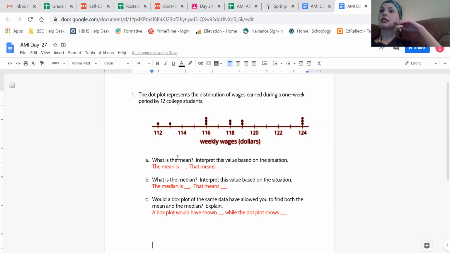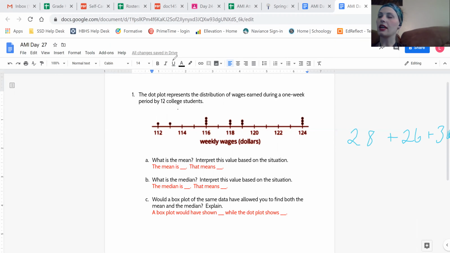So it says, what is the mean? Now, remember, I'm just going to do a little bit of math here. I talked about this in yesterday's video as well. But the mean is the average. So if I had 3 friends and I wanted to know the average of our ages, and I am 28 years old, my friend is 26 years old, and we have another friend who's 30 years old.